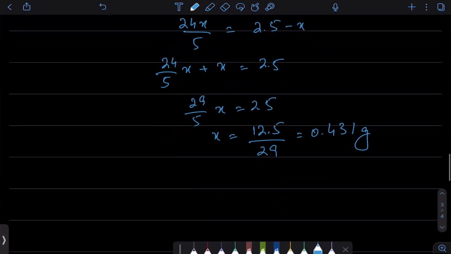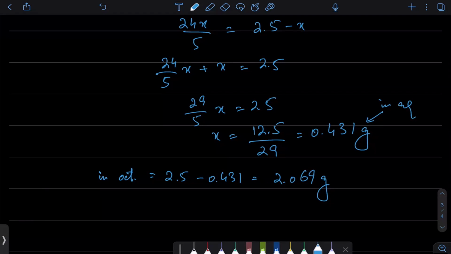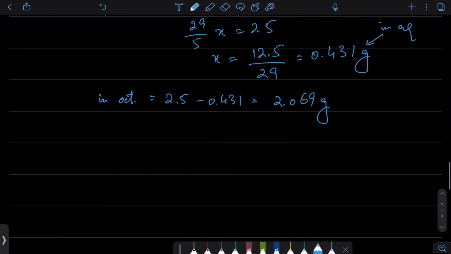So how much has dissolved in octanol? So obviously 2.5 minus 0.431. That is 2.069 grams in octanol. So in octanol, you have this, and in water, you have this much. Think about it. What percentage of the substance has gone from water into the octanol? 2.069 over 2.5 into 100%.